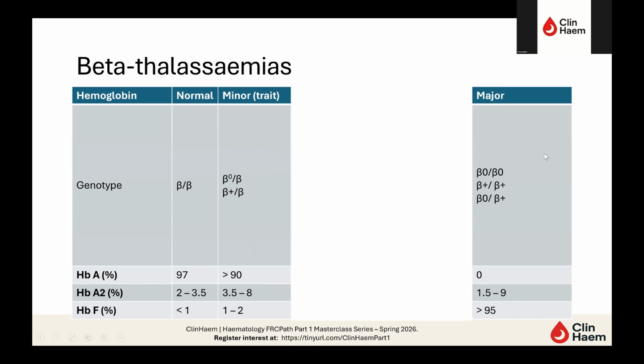In major, easy to know, they either have both beta 0, or they have beta 0 and beta plus, or they have the severe versions of beta plus on both sides. They may have some HbA if they've got beta plus, but in beta 0, they will have no HbA. And A2, maybe.